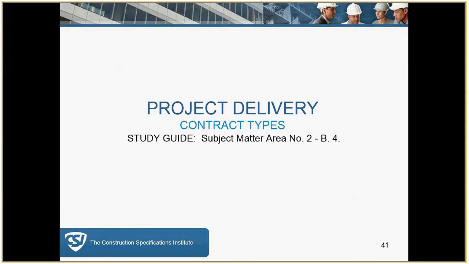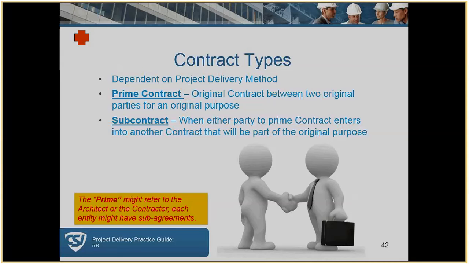So now we're going to discuss the specific contract types, but I believe that you'll be going through this in more detail later. So we have a prime contract or a subcontract, depending on the project delivery method. And again, understand specifically what the project delivery methods are.